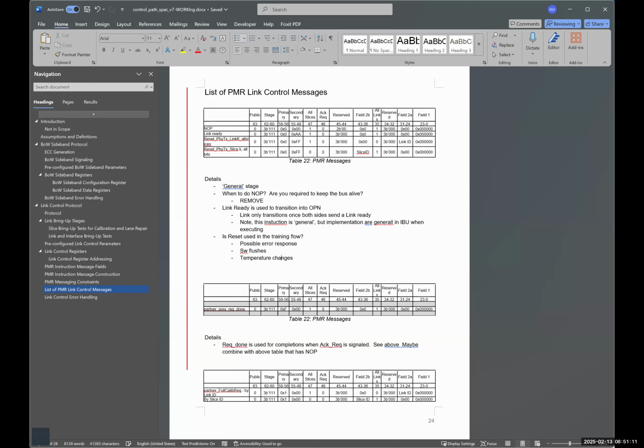So the question is, if I send this command, like say I see a temperature change, and I say we need to do a reset, and I send a reset, the expectation from the other side is they ACK that and then send a reset back, right?